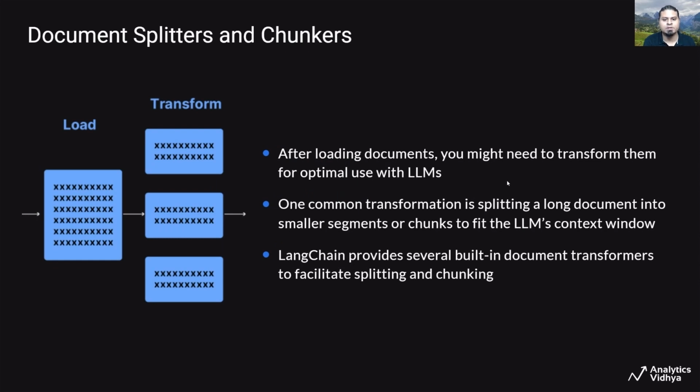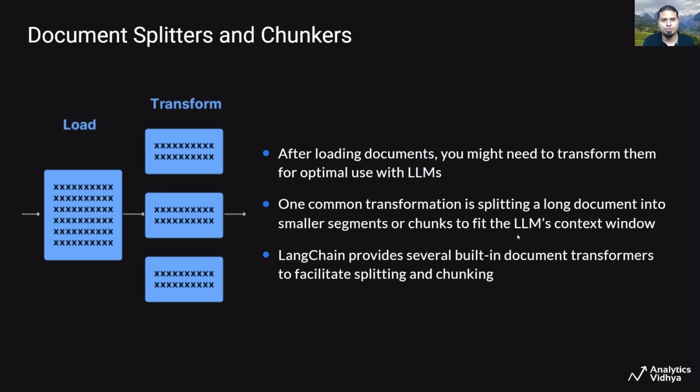Now, what do we do after we extract and load up the documents as text? The next step is typically we might need to transform them for optimal use with large language models. So a common transformation step includes splitting a large document into smaller segments or chunks, as you see here, so that we can fit the large language model's context window. Because in many cases, let's say if your LLM's context window is maybe 4,000 tokens or 32,000 tokens, and your documents are larger than that context window size, then you will easily end up getting a token limit exceeded error.